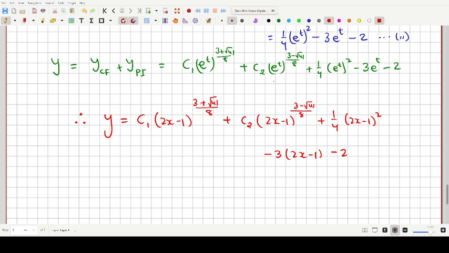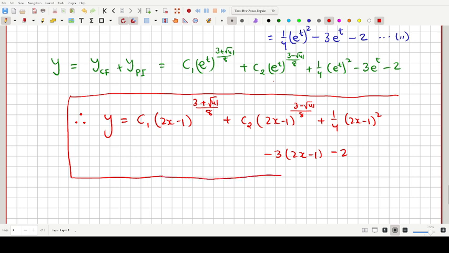So that, my friends, is our answer. We can further simplify the last bracket and take out the minus 3, so it becomes minus 6x minus 5. You can also open the bracket and simplify a little further, but this remains the answer. All right, thank you so much for watching the video. Bye.